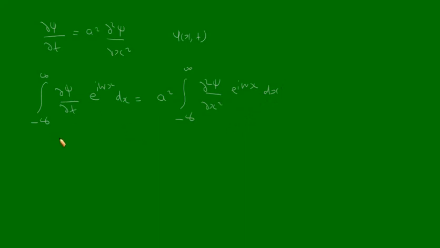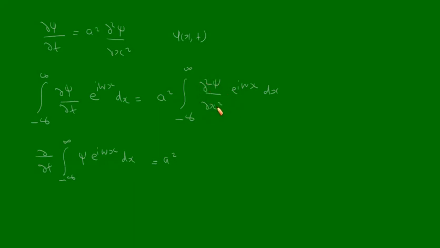Okay. Now here I can take dou by dou t outside, dou by dou t integral from minus infinity to infinity psi into e raised to I omega x dx is equal to a square. Now here we can apply the derivative of Fourier transform.